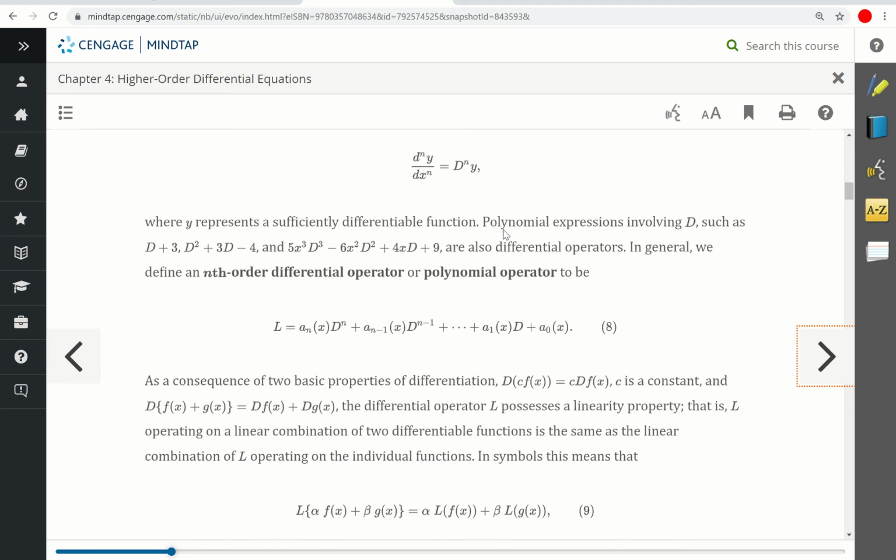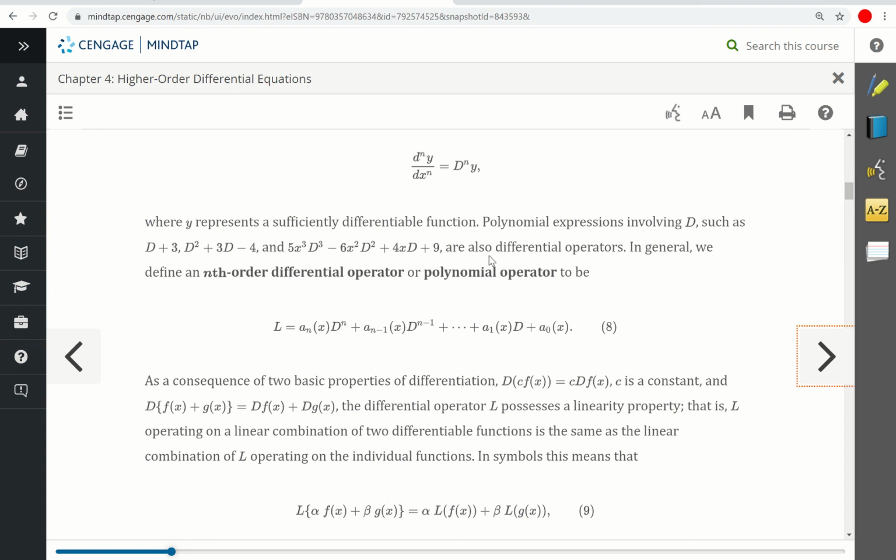We can actually apply differential operators and think of them in polynomial style, where a polynomial expression involving D would be something like D + 3, D squared + 3D - 4. We could have 5x cubed D cubed - 6x squared D squared + 4xD + 9, which are also differential operators.